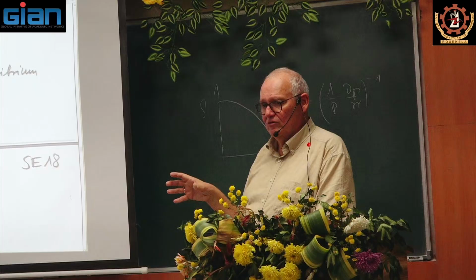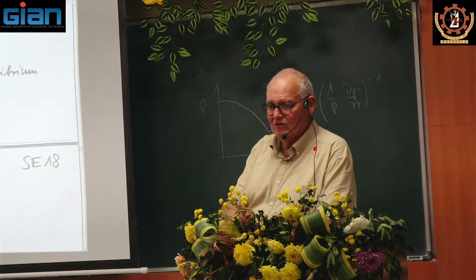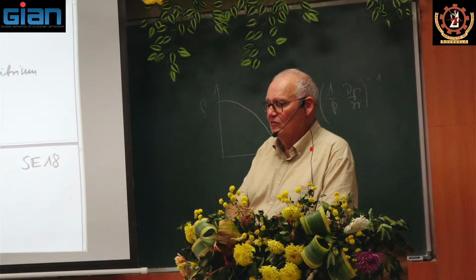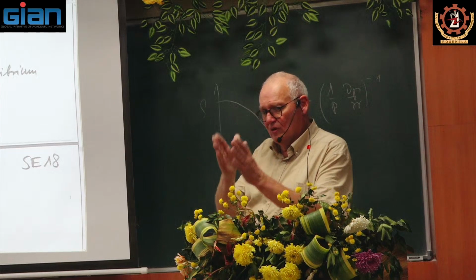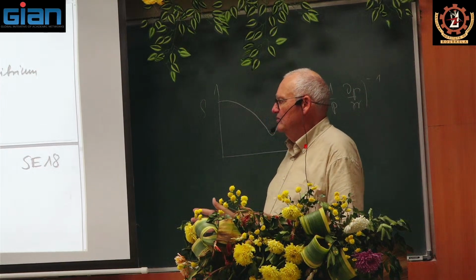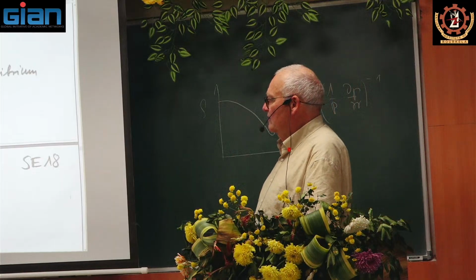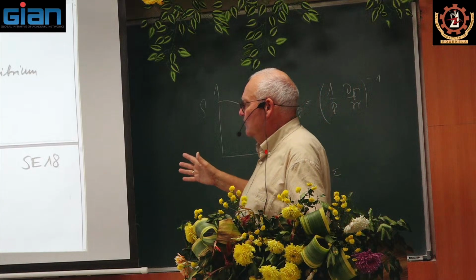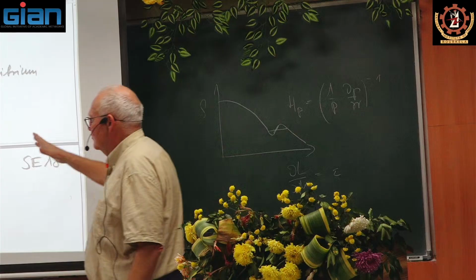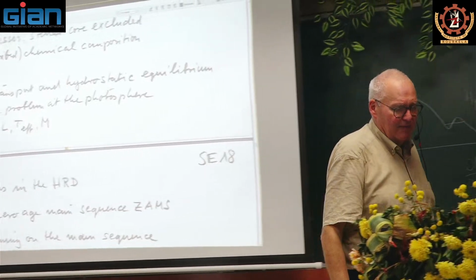And you can now solve the equations by an initial value integration, contrary to the boundary value integration of stellar evolution. You can now integrate from the surface towards the center, stop at some point where you cut your integration, as an initial value from the photon temperature and the mass.